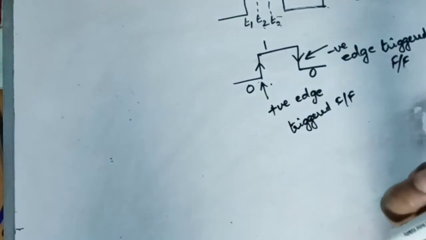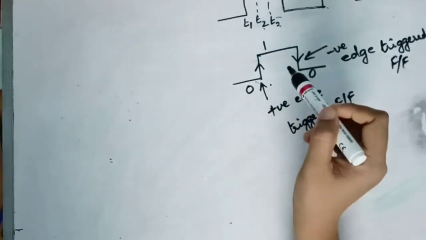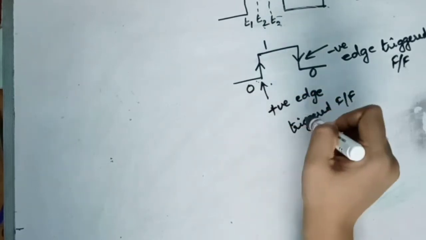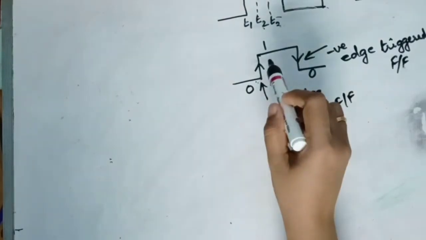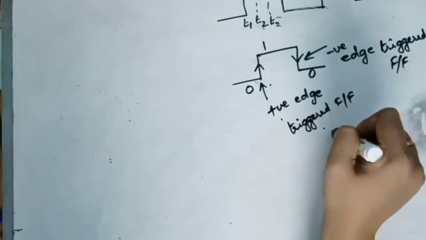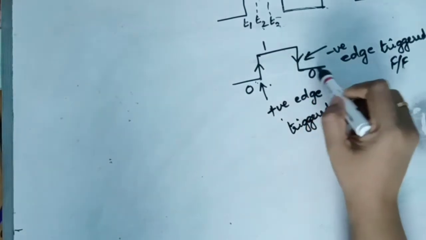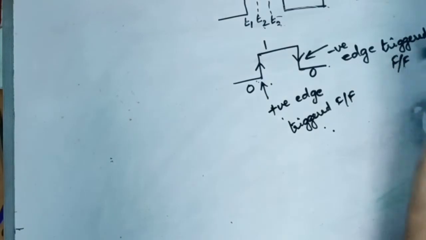That's a very small time, because this is a pulse. Instantaneously it will go from 0 to 1. The flip-flops which are triggered during the positive edge of the clock pulse are called positive edge triggered flip-flops, and the flip-flops which are triggered during the negative edge of the clock pulse are called negative edge triggered flip-flops.